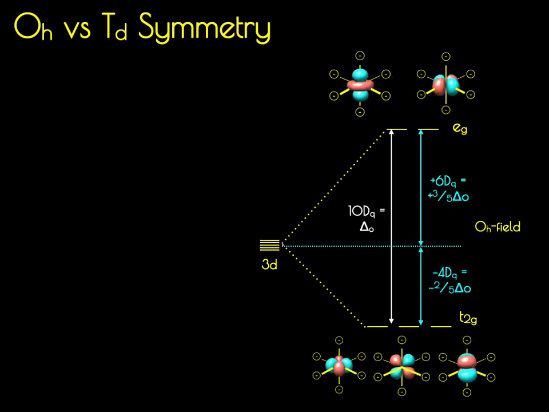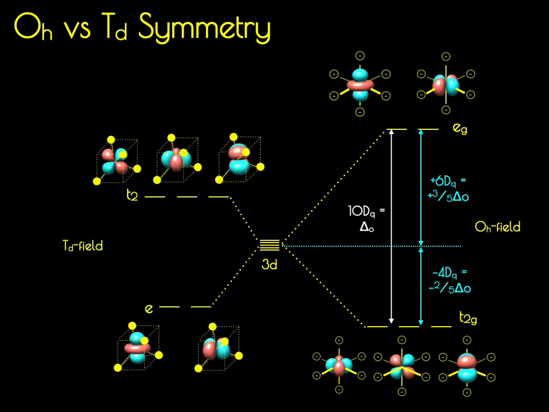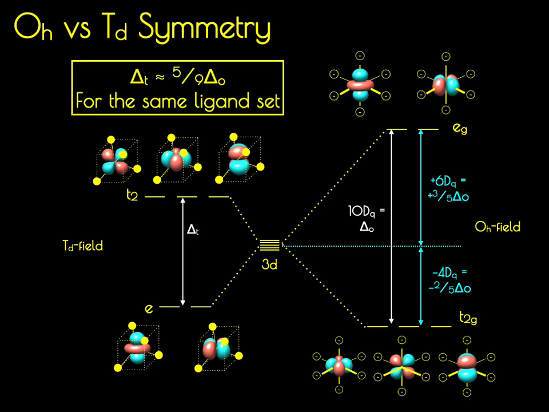So going through and looking at this, in the Oh field, as we said, we have the eg set destabilized by 6 Dq and the t2g set stabilized by 4 Dq. Looking at the Td field, we see the opposite. The T2 set is destabilized while the E set is stabilized. The amount of energy that it's split by in a tetrahedral field is termed delta T, the T for tetrahedral.